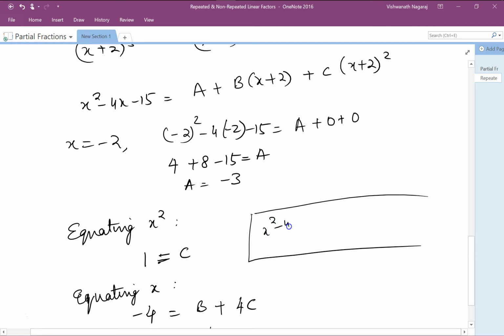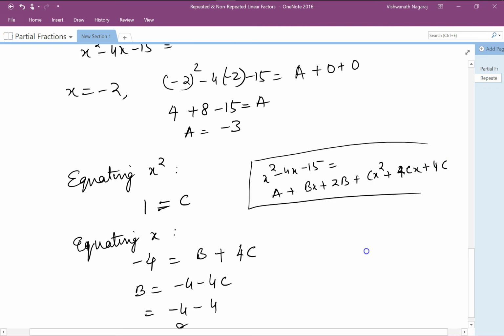x square minus 4x minus 15 equal to a plus bx plus 2b plus cx square plus 4cx plus 4c. When you expand this, this is what you will get.